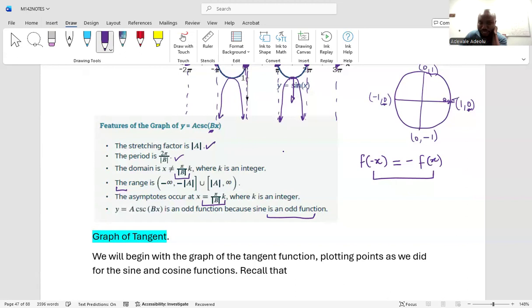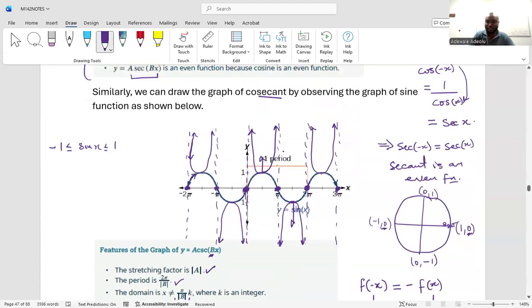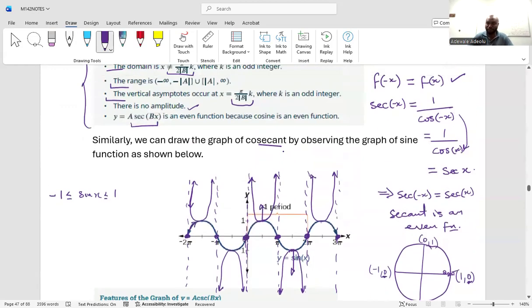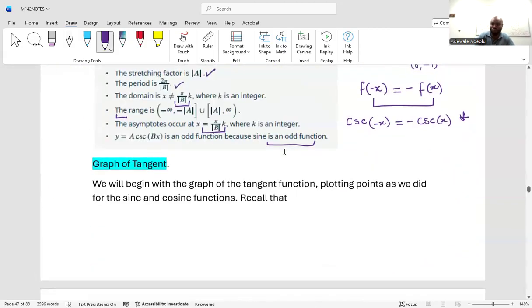That is, you want to prove that cosecant of -x is going to lead to negative cosecant of x. Just doing exactly what I did here, and in the end, you should be able to show that cosecant is an odd function.